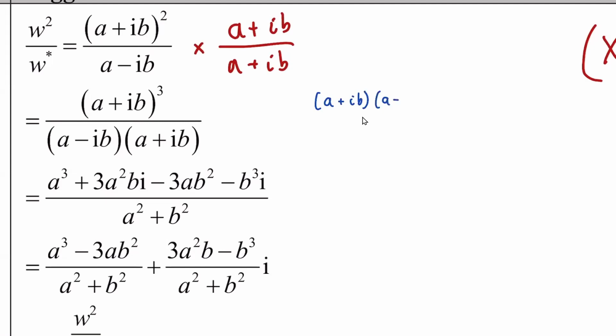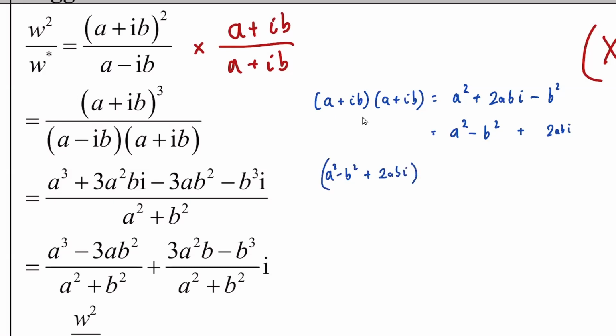You say A plus IB times A plus IB, and then you get A squared plus 2ABI plus IB squared, so negative B squared. At least you can do some intermediate working in your head. I would strongly recommend that you rewrite it so that the real part is on the left and the imaginary part on the right. Then you do A squared minus B squared plus 2ABI, and then you multiply by A plus IB.